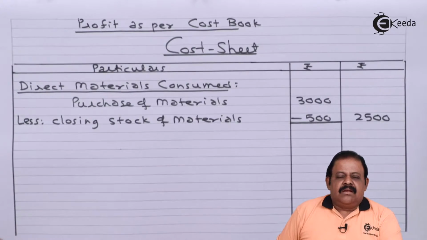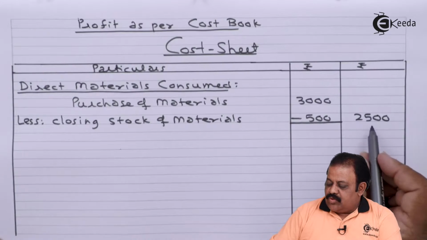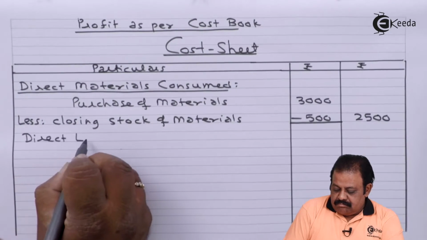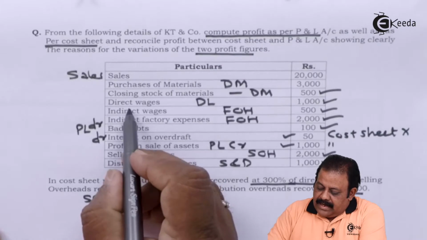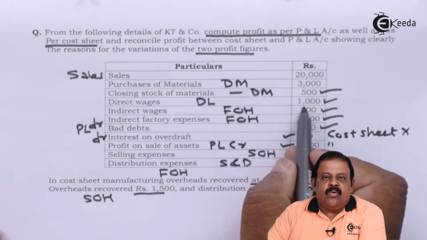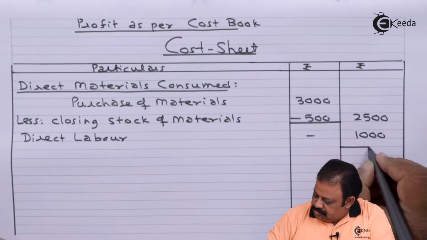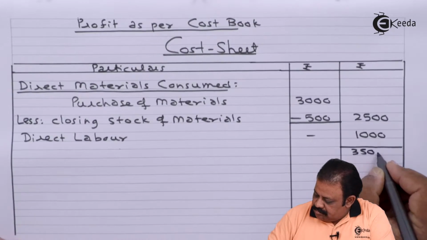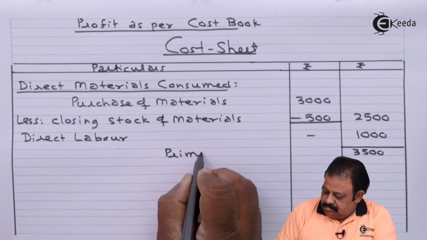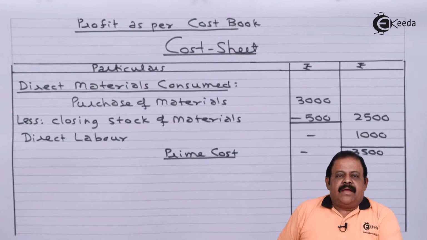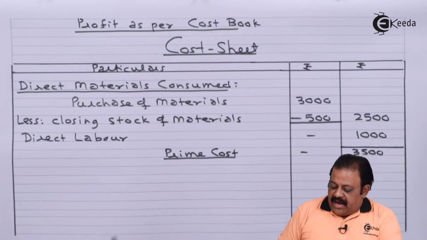So direct material consumed is rupees 2500. Direct wages, direct labor rupees 1000. So we arrived at prime cost rupees 3500.